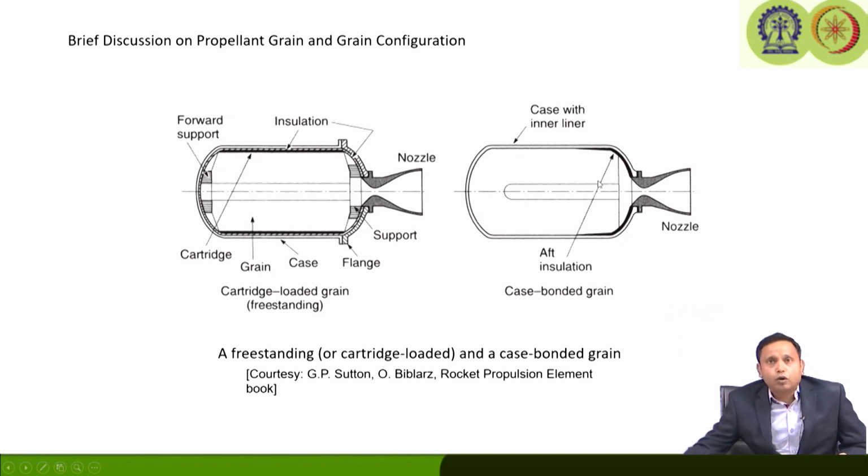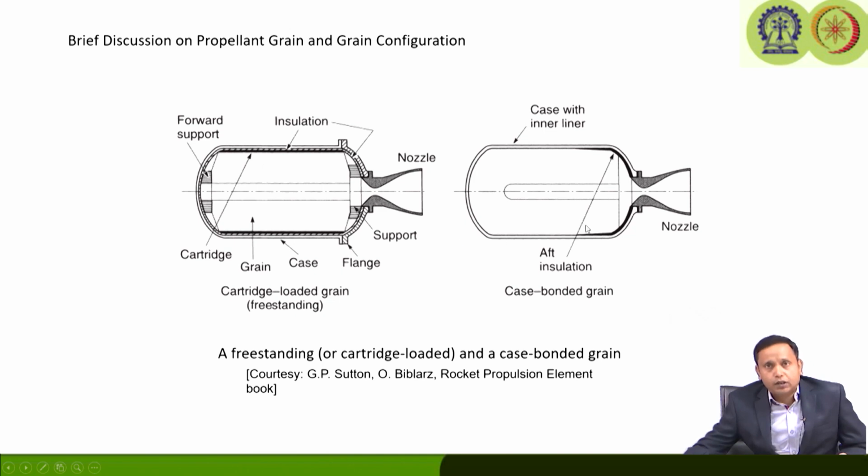Of course, compared to the cartridge loaded grain, less inert mass is required to hold the grain, because since we are directly casting and curing the propellant within the motor casing, the requirement of support materials will be less.